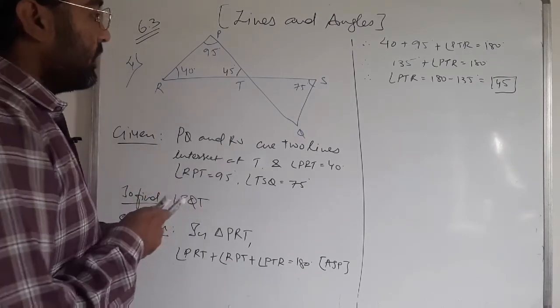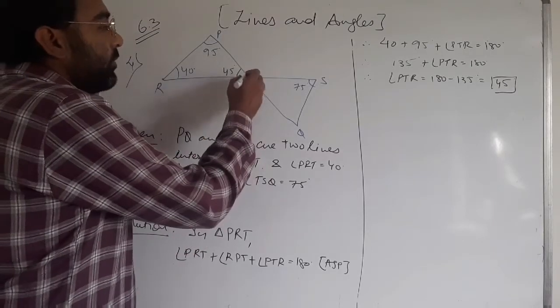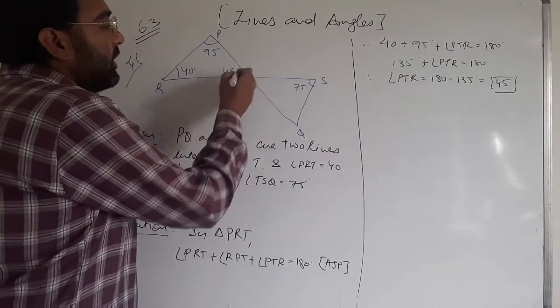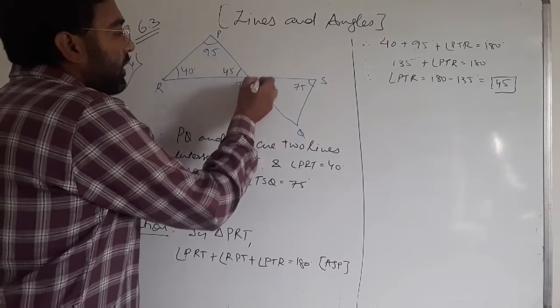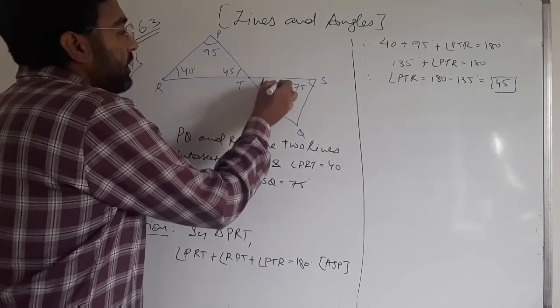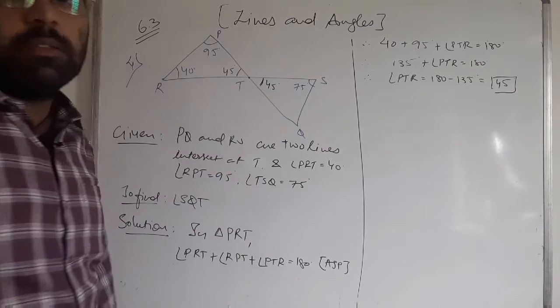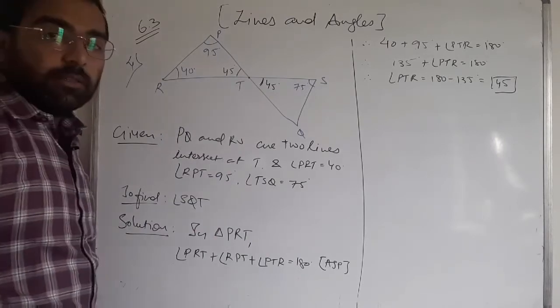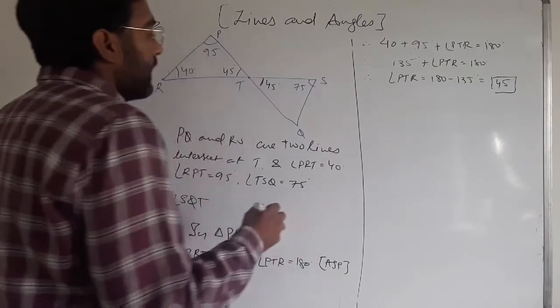Here two lines intersect at point T. Then can we take this angle 45 as equal to this angle 45 as a vertically opposite angle? Yes, we can take them.